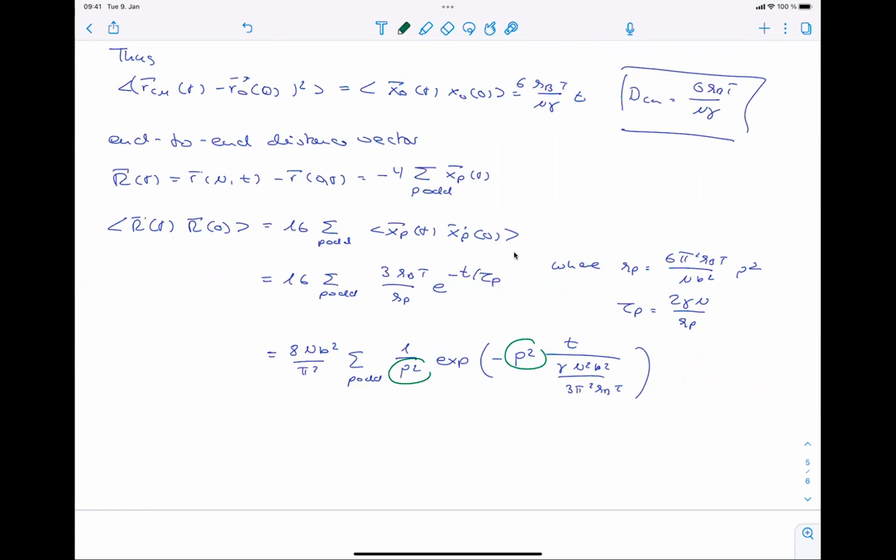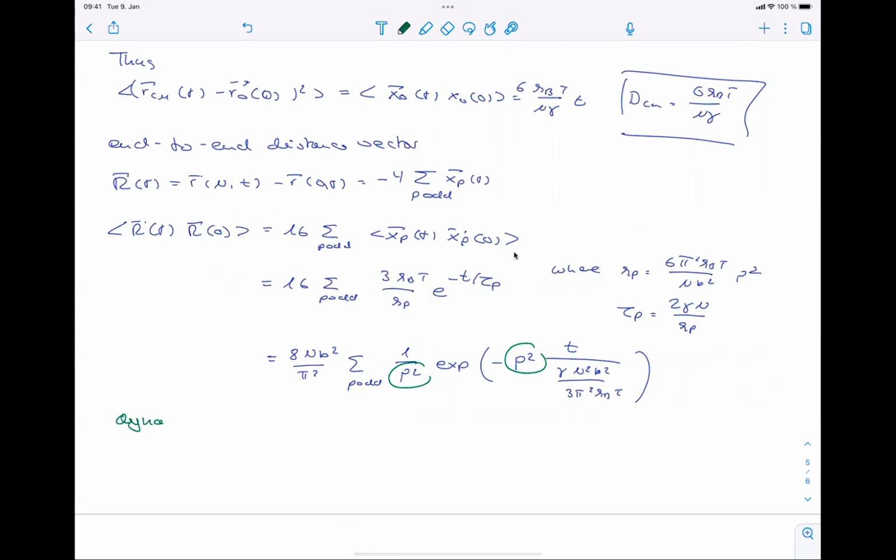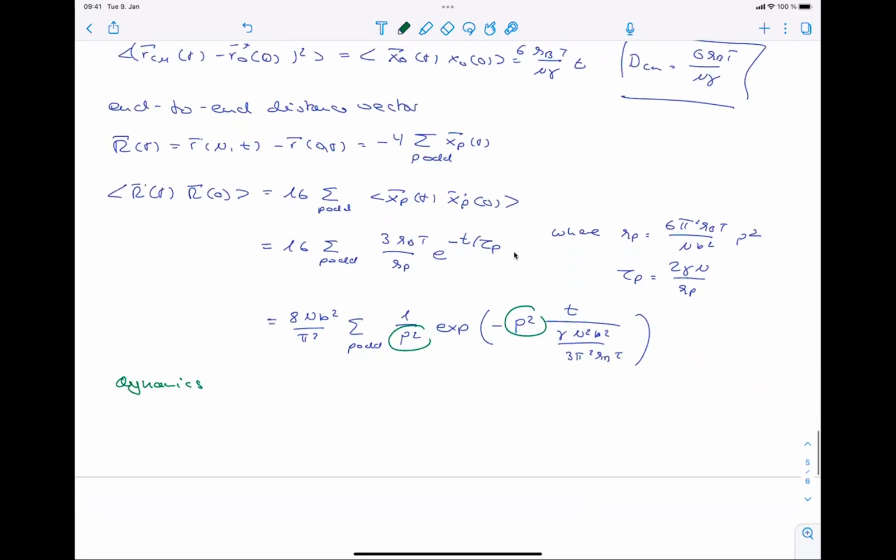So the dynamics are governed by the longest mode, p equal 1.